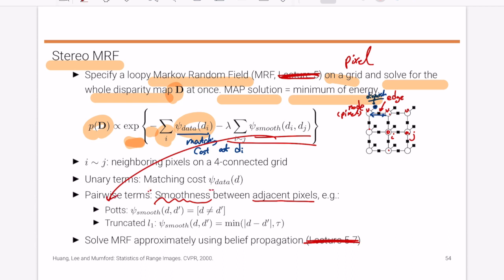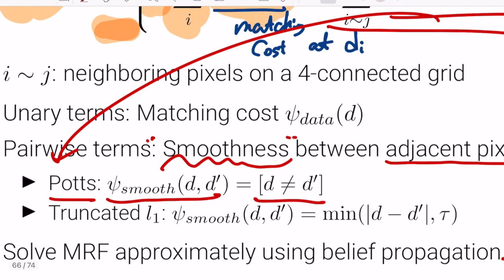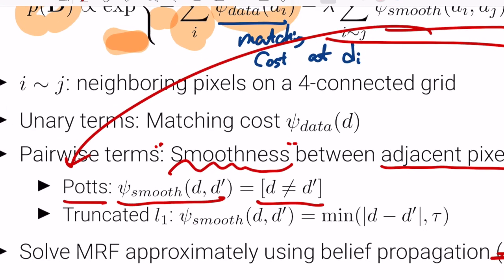For example, in the Potts model, the smoothness term is determined by a binary map. Sorry, if t is equal to t prime, it should be 0, and if t is not equal to t prime, it should be 1.